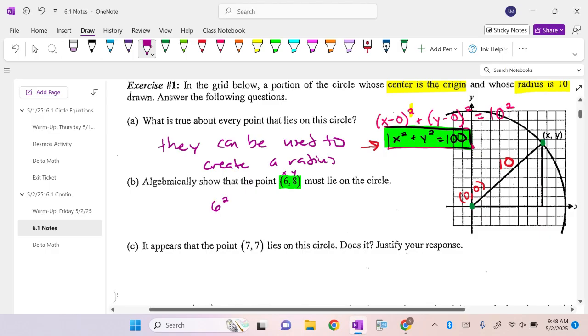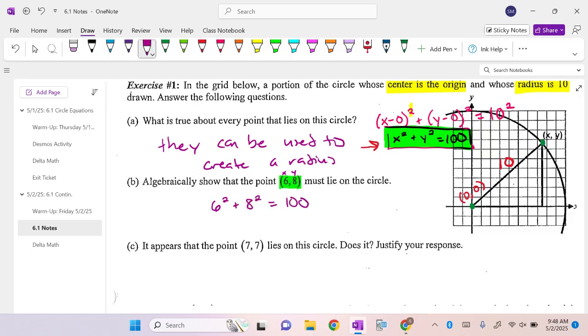If I plug it in, I get 6 squared plus 8 squared is equal to 100. What should happen when we simplify that down, if it does, in fact, lie on the circle? What should both sides of the equal sign be equal to? 100.